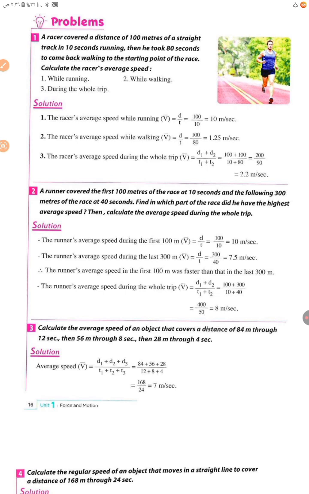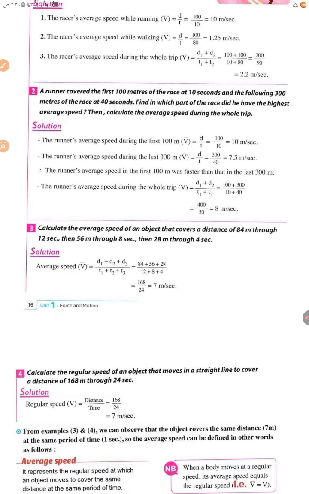Third case, the racer's average speed during the whole trip equals d1 plus d2 over t1 plus t2 equals 100 plus 100 over 10 plus 80 equals 200 over 90 equals 2.2 meter per second.